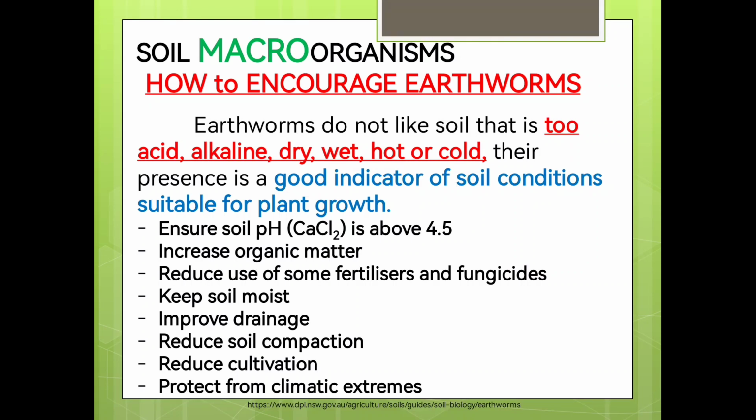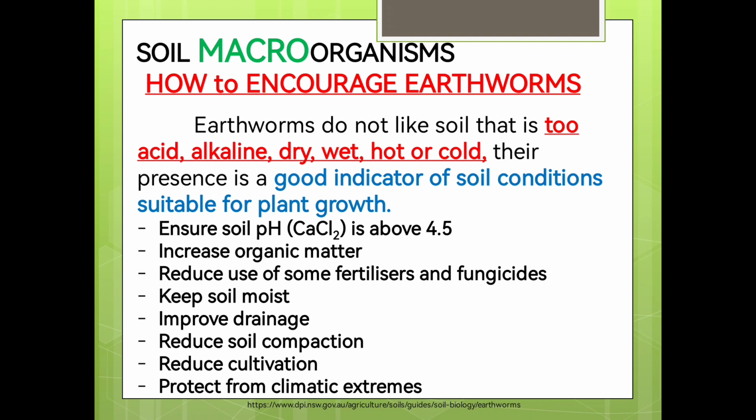Kasi nag-exist dyan ngayon yung bulati, yung mga earthworms na yan, ibig sabihin maganda yung condition niya. Kasi pag pangit yung condition niya, hindi siya tumitira dyan. So it is a good indicator, earthworm present in the area, that the soil conditions in that area are suitable for plant growth.